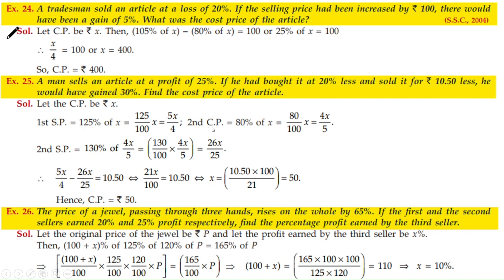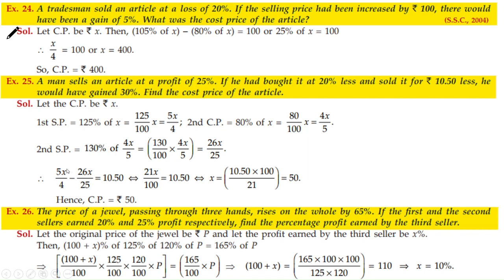Second cost price equals 80% of x, equals 80 by 100 x, which equals 4x by 5. Second selling price equals 130% of 4x by 5, which equals 130 by 100 into 4x by 5, which equals 26x by 25.